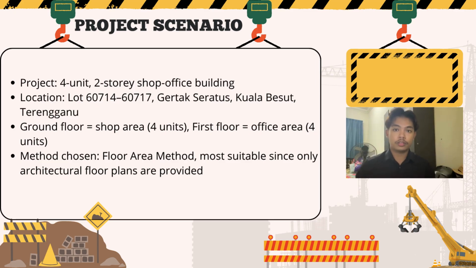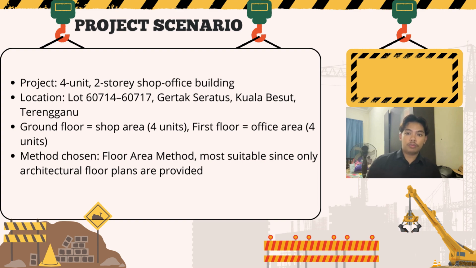And now let's move to applying this to our given project. The scenario is a 4 units 2-story shop office building located at lot 60714 to 60717 Gertak 100 Kuala Besut, Terengganu.